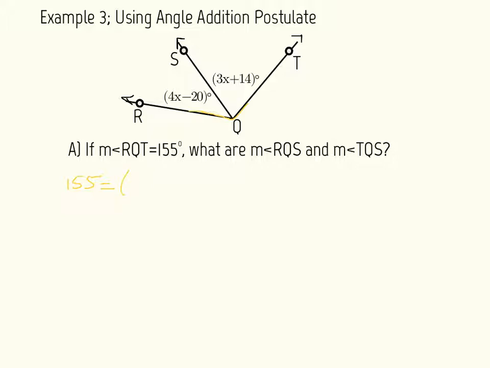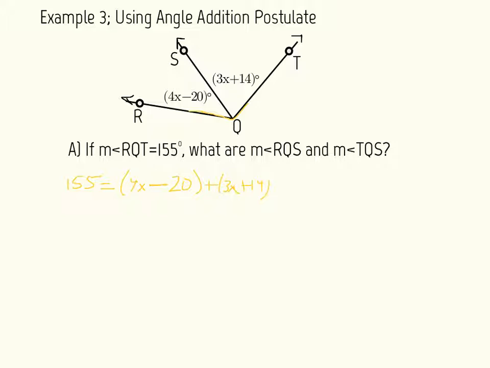So that's what I'm going to have: 4x minus 20 plus 3x plus 14.